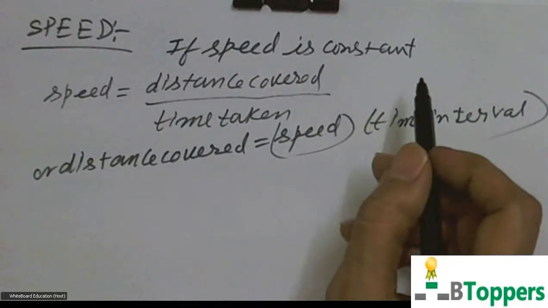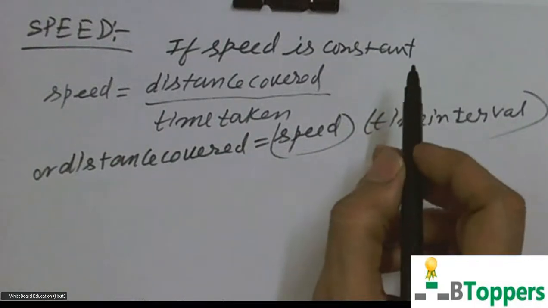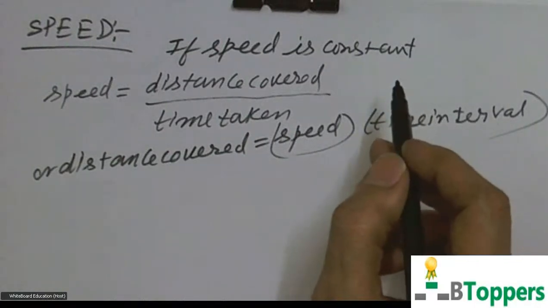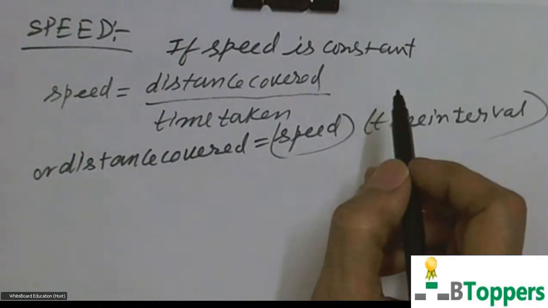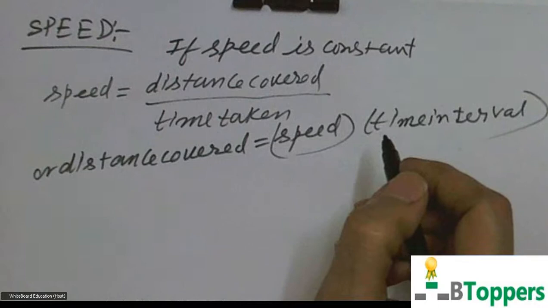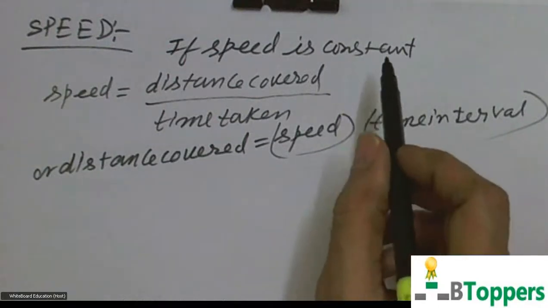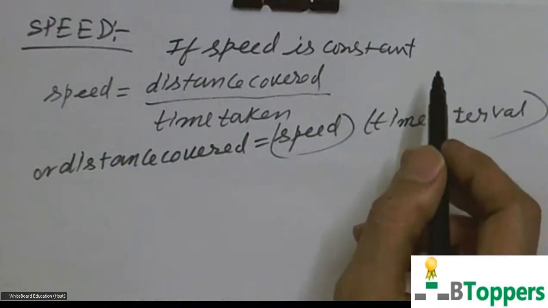So velocity being a vector quantity, velocity is said to be constant for a time interval only when there is no change in the magnitude of velocity and also no change in the direction of the velocity. So in some examples, speed of the particle may be constant, but velocity may not be constant.